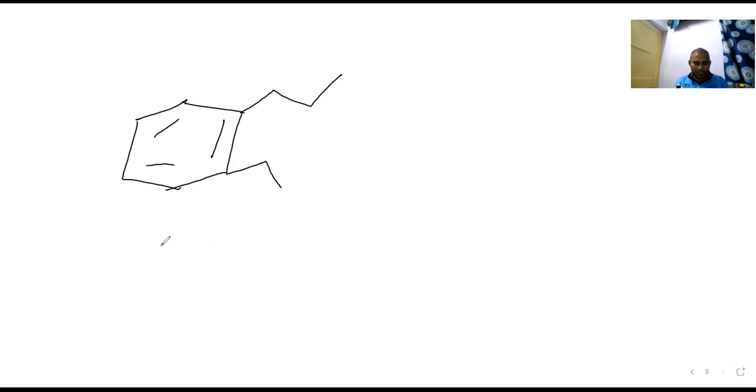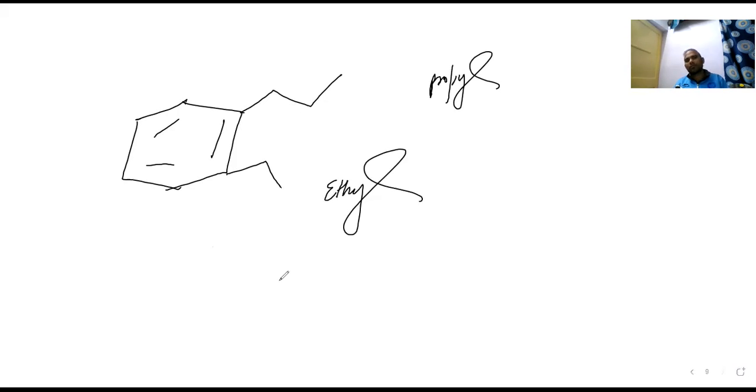Tell me the name of this. For this one, we need to do the numbering. Two groups are there, one is the three-carbon propyl, another is ethyl. Which one shall we give the first number?